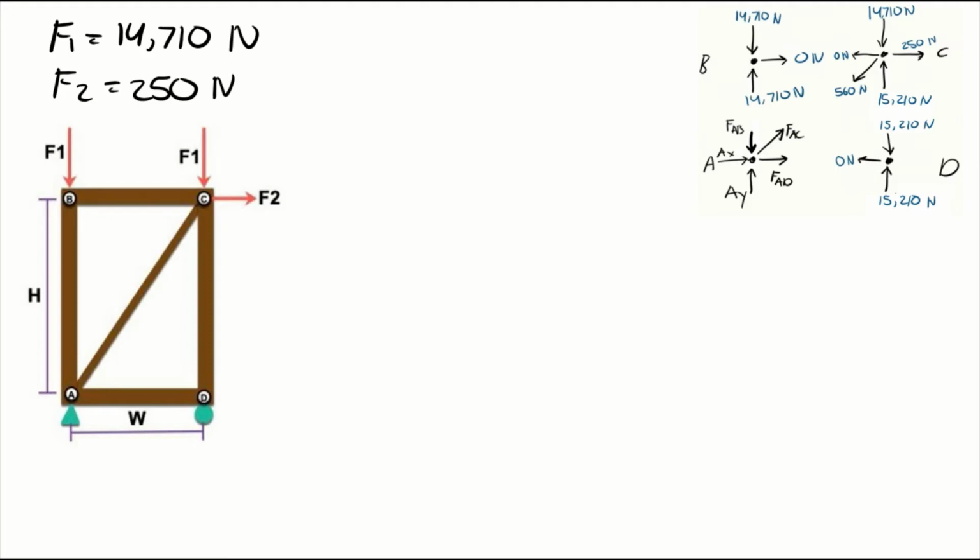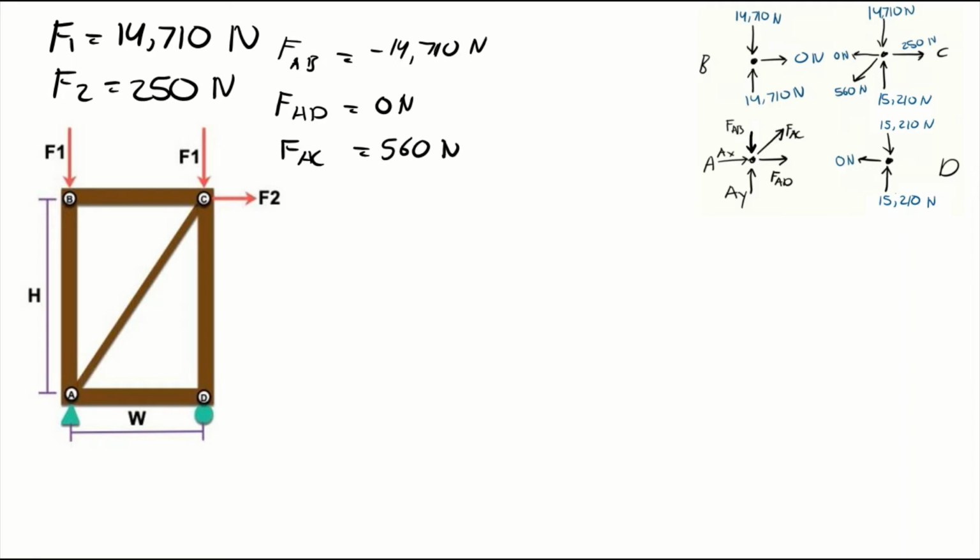So F sub AB is equal to negative 14,710 newtons, and it's negative because it's pointing down, it's pointing towards joint A. F sub AD is equal to 0 newtons, and then F sub AC is equal to 560 newtons.